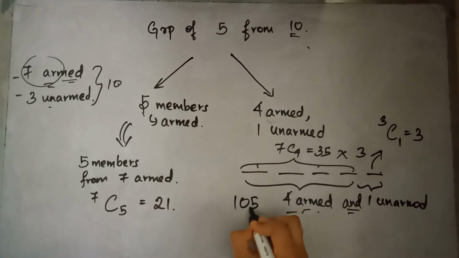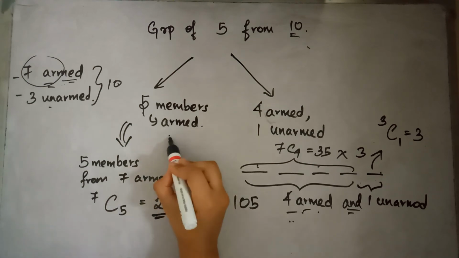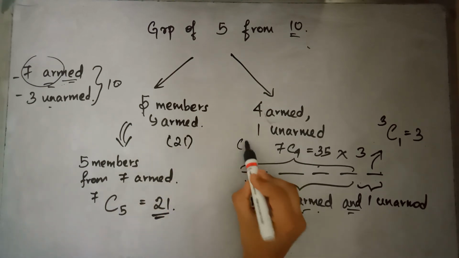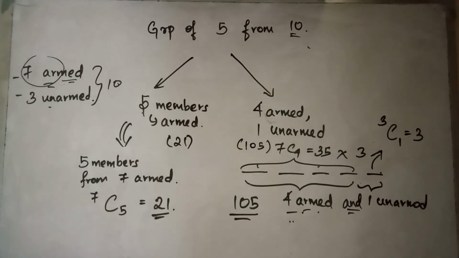So we have 21 in this case, and here we have 105. Now what do we do with both of these combinations? We have to find out the total combination. Here again let's try to frame a sentence.